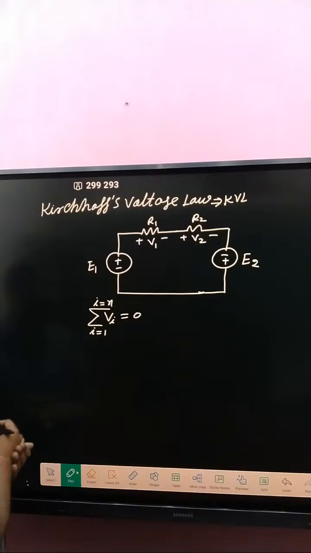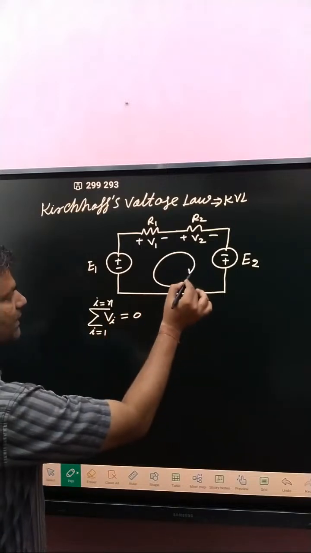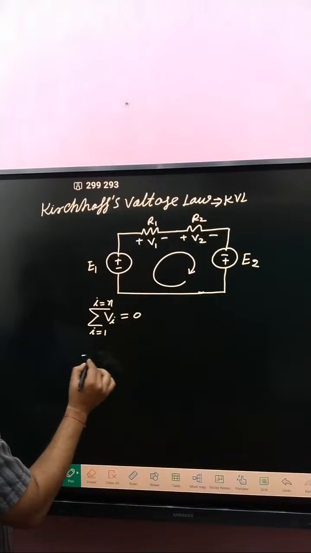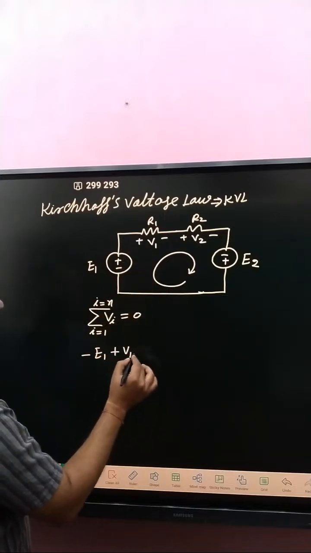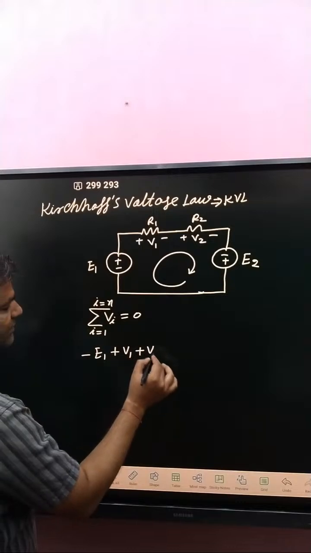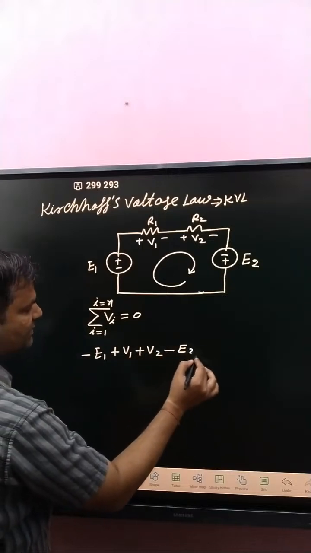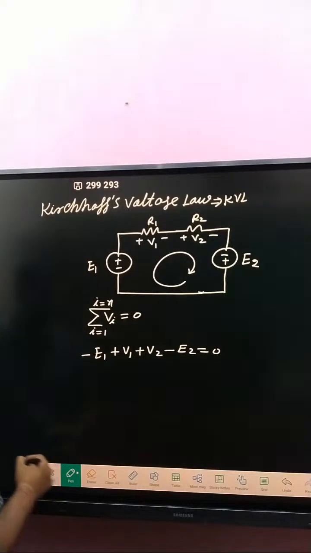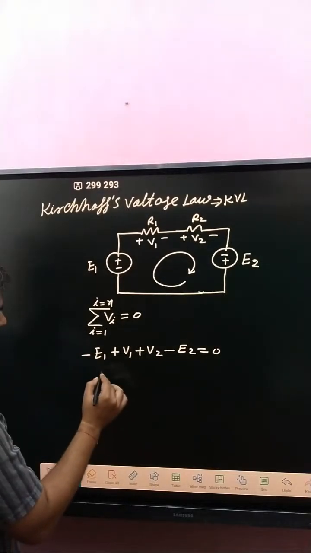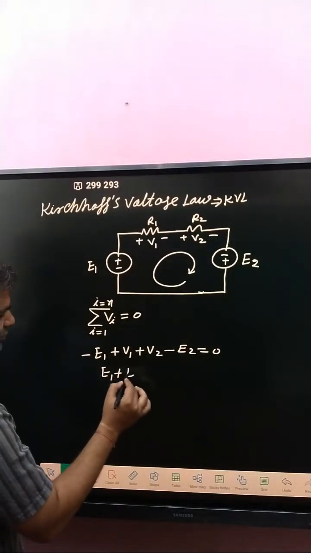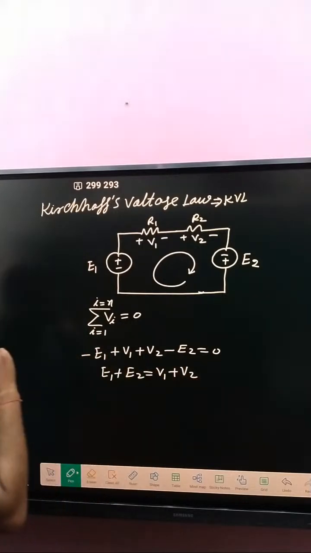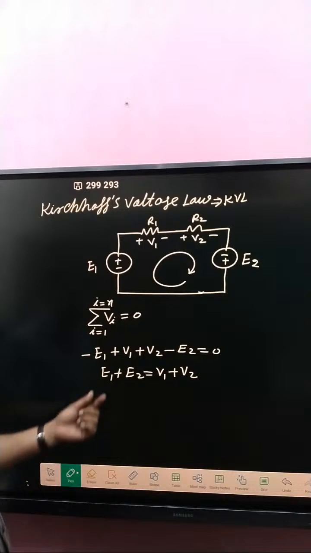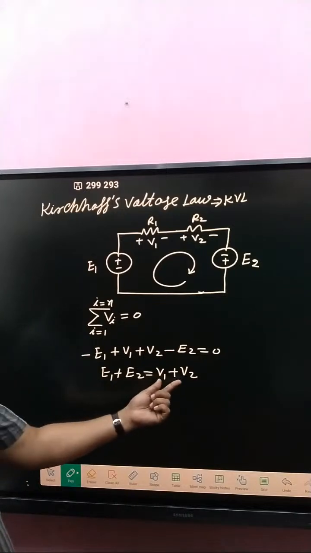What is the meaning of that one? Apply here: minus E1 plus V1 plus V2 minus E2 is equal to 0. So you can say that E1 plus E2 is equal to V1 plus V2. This is the sum of voltage rise and the sum of voltage drop.